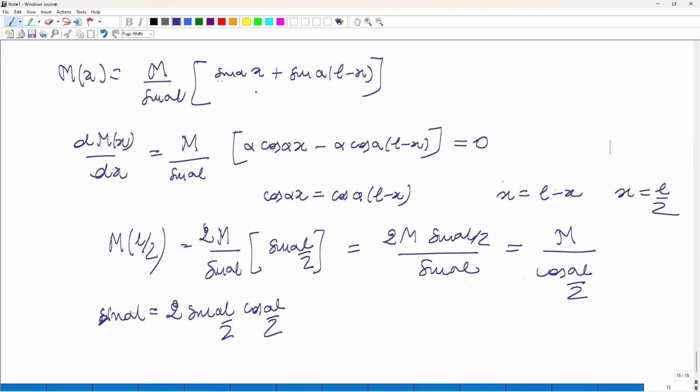What does this mean? This means that first, a local maximum for the bending moment in the 0 to L domain exists exactly at mid-span. And there, the moment is equal to m, which is the applied moment, divided by the cosinus of something. The cosinus is always lower or equal than 1.